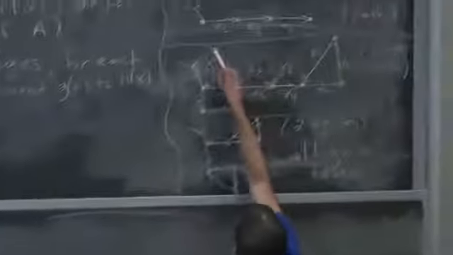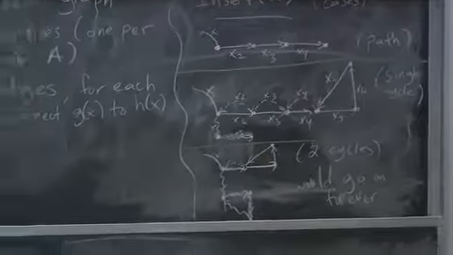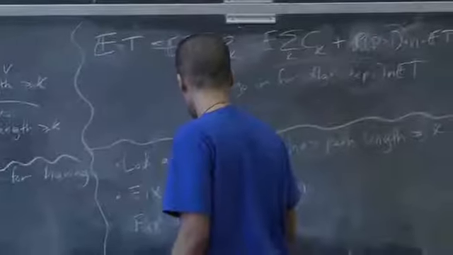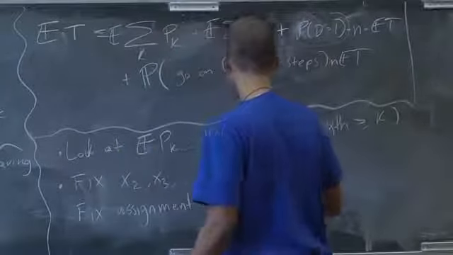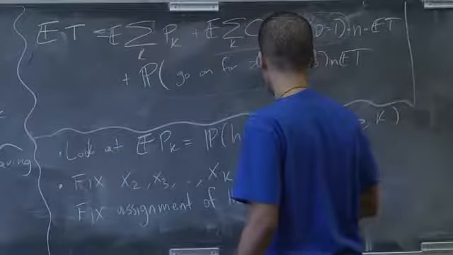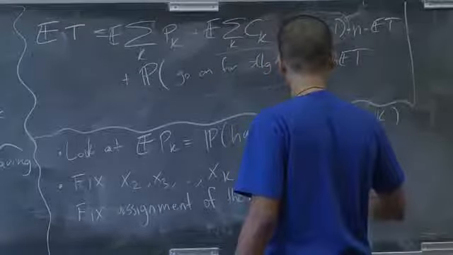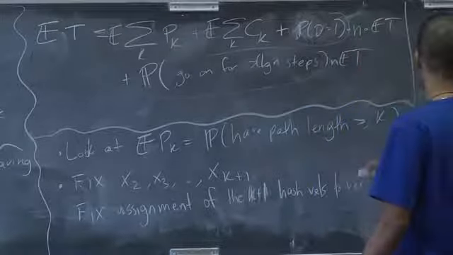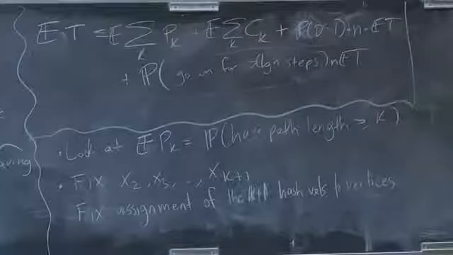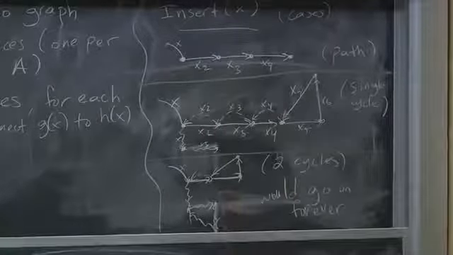There are k plus 1 vertices here. Okay, so fix an assignment of the k plus 1 hash values to the vertices. Okay. So we're asking ourselves, what's the probability that we see exactly this configuration?